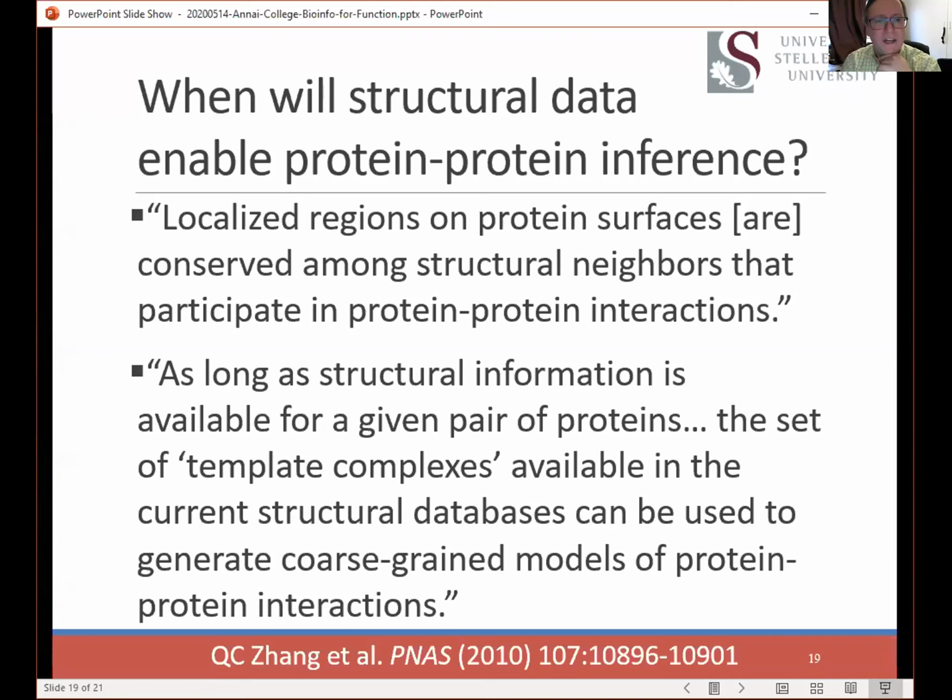So for structural data, an evaluation of this method was published back in 2010 that helped to reveal some of the problems in it. Localized regions on protein surfaces are conserved among structural neighbors that participate in protein-protein interactions. So let's think for a moment about antibodies. An antibody sticks to a protein not because of the entirety of that protein structure, but just because of the epitope on it.